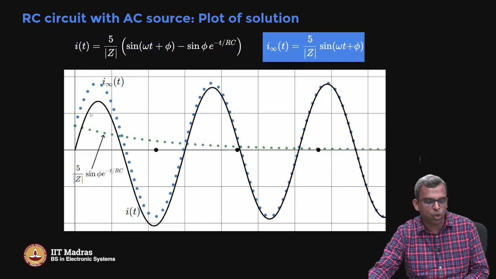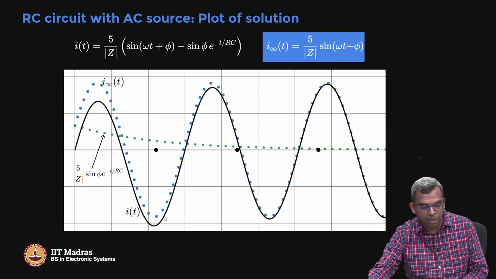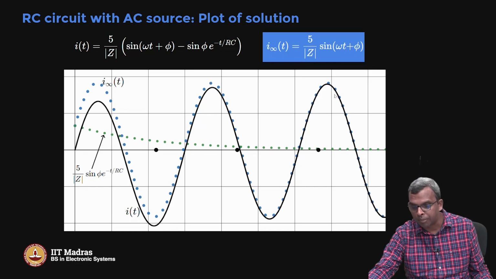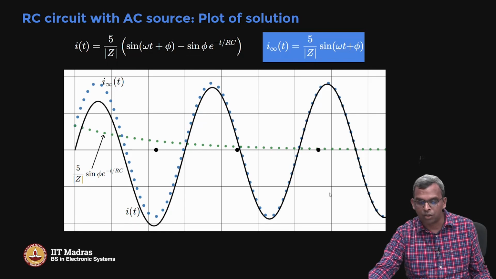It really wants to go to I infinity of t. This transient part is what is stopping it, and as the transient part dies down, this I of t gently but surely goes slowly and steadily to the I infinity of t. See, by the time it finishes like 1 cycle, 2 cycles, it has already hit. You see the blue dots and the black line are right on top of each other, it has already hit it.